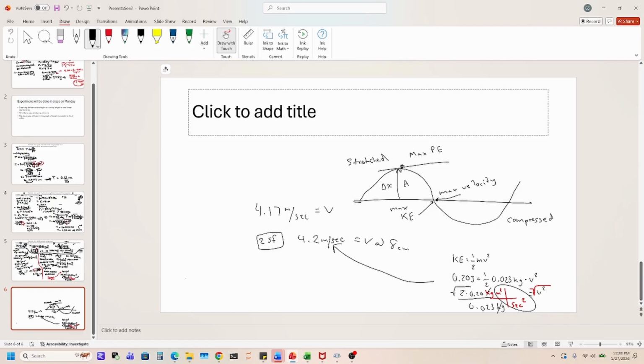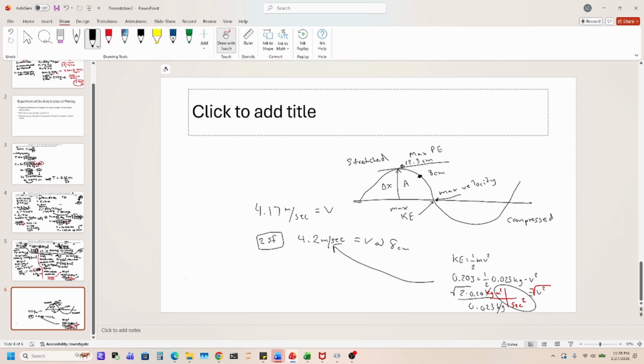But you'll see that there are different velocities at different points along here. So we found it here around the 8 centimeter mark. And then up here it was 12.3 centimeters, yeah. So this is 12.3 centimeters, and we've converted all that to meters.